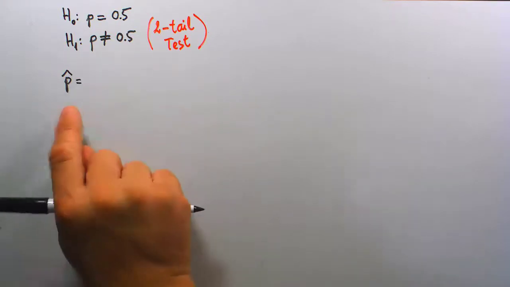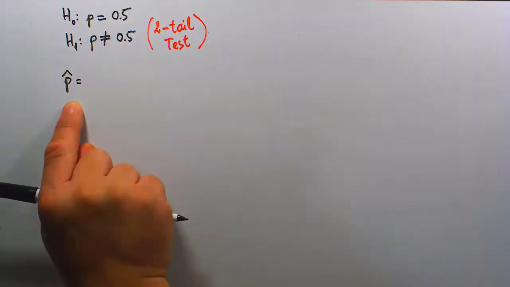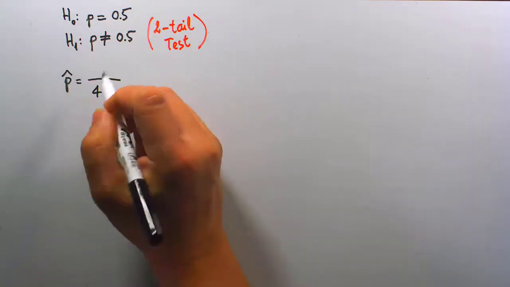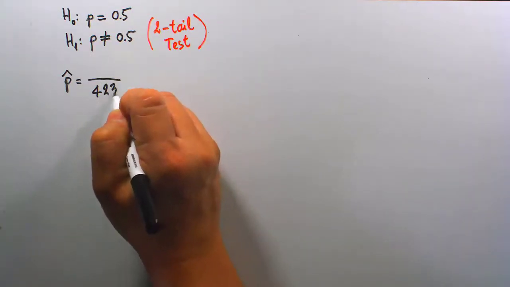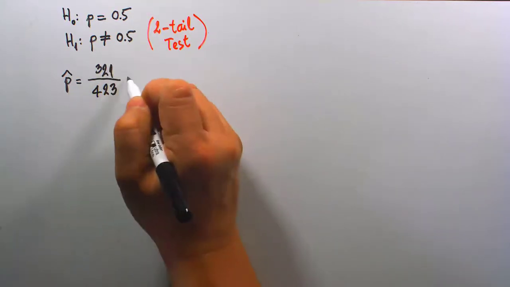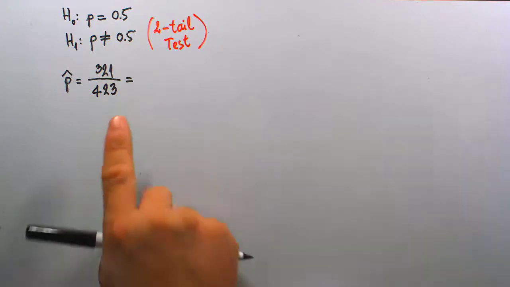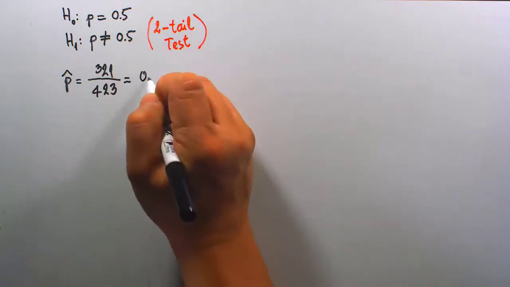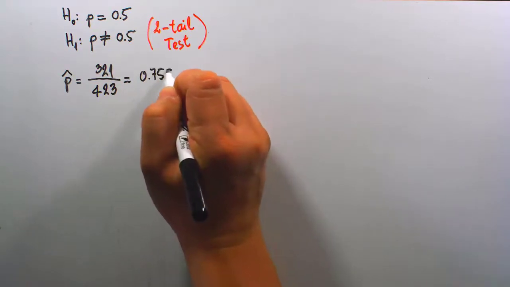And this will be our evidence for the rest of the problem. In our sample of 423 cell phone users, we found 321 of them are iPhone users. So this P hat in decimal, to 4 decimal places, is 0.7589.